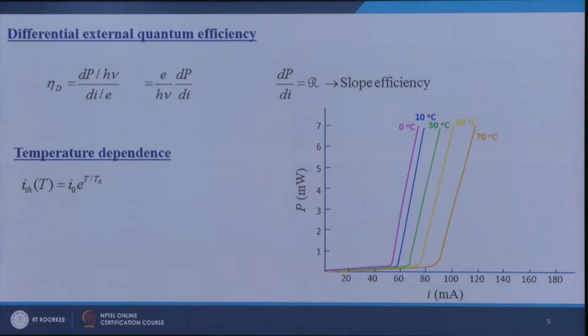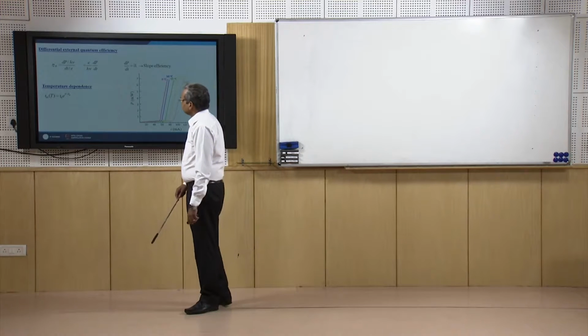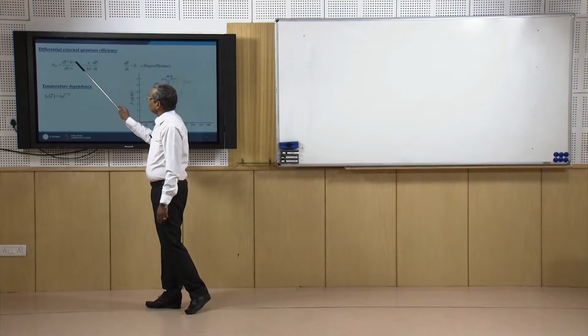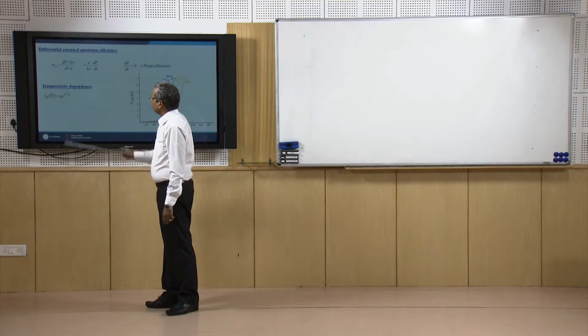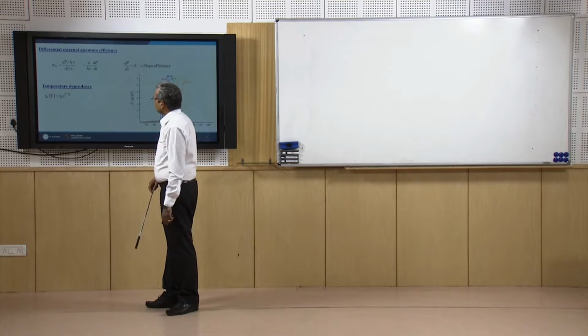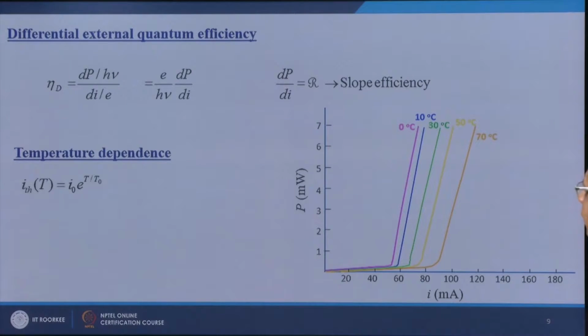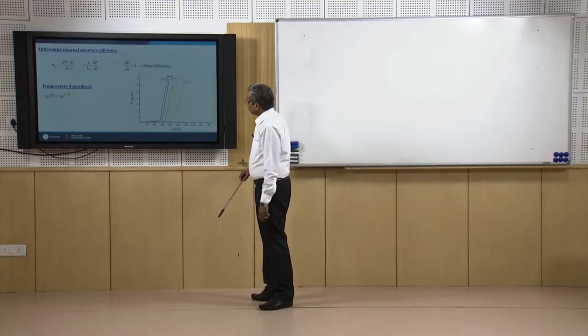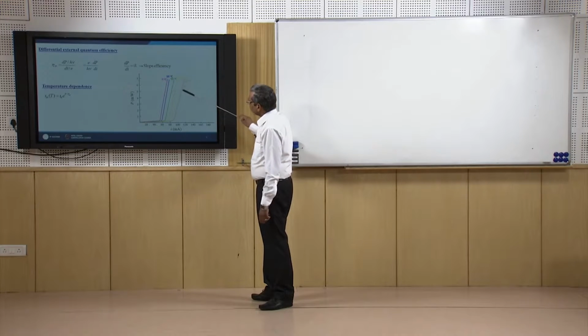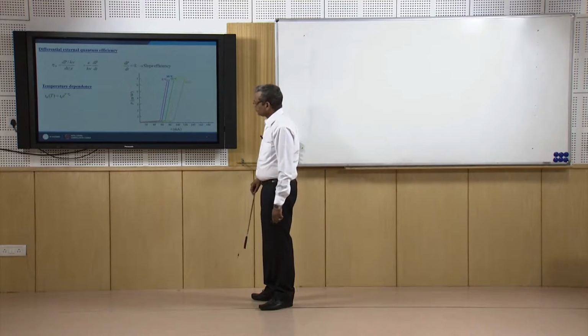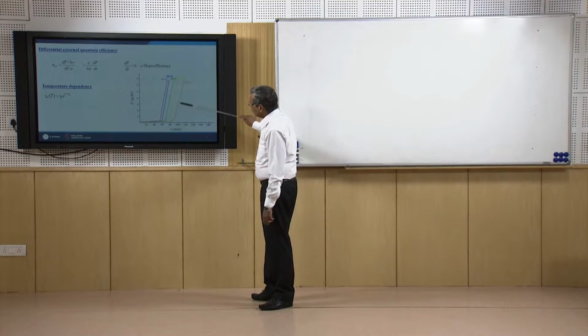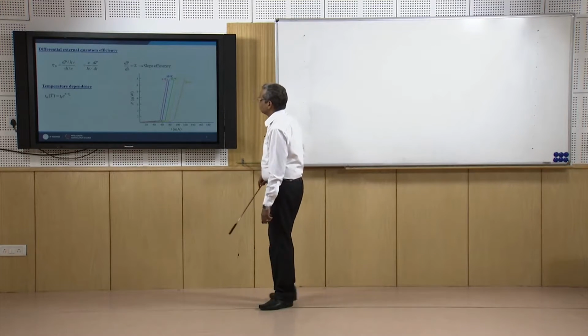A laser diode is characterized by the differential external quantum efficiency, which is given by (dP over h nu) divided by (dI over e), which is e over h nu times dP over dI, where dP over dI is the slope of the PI curve of a diode laser in the region I greater than I threshold, where the lasing actually occurs.